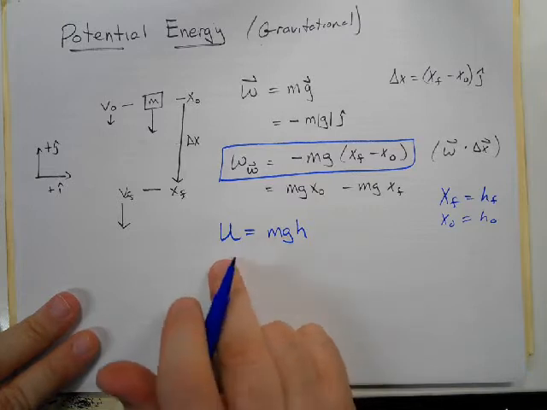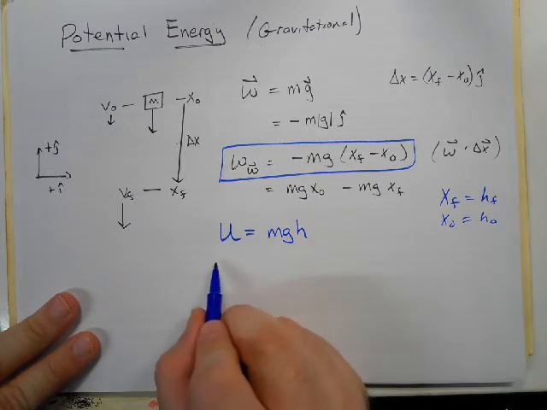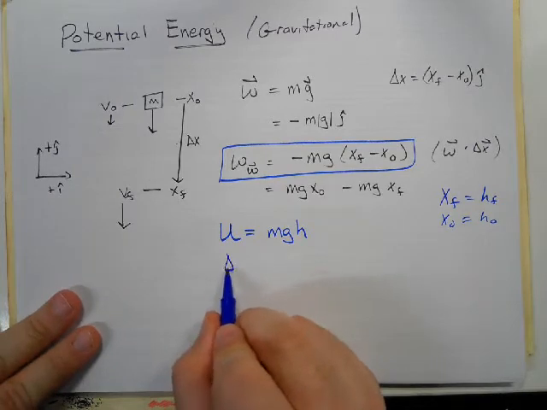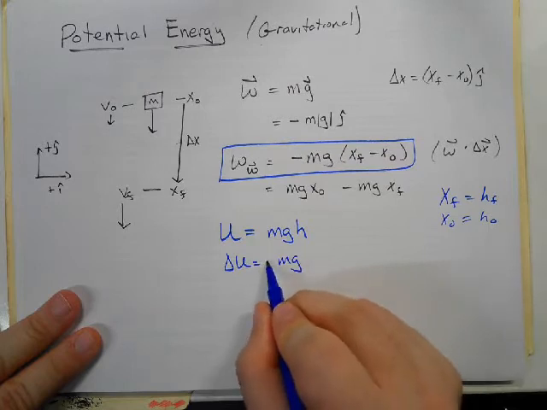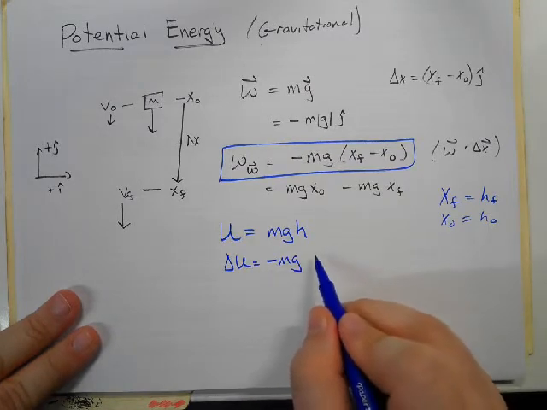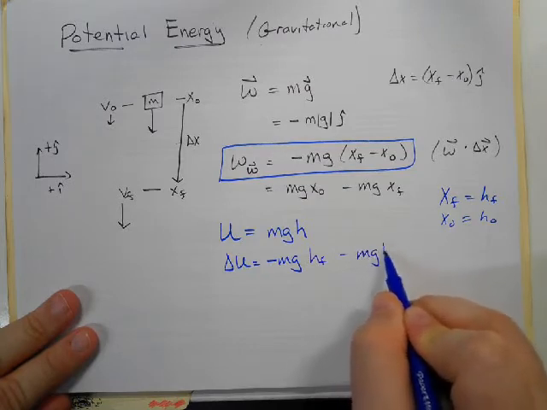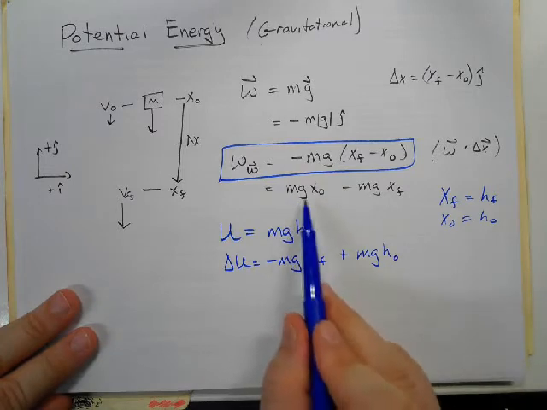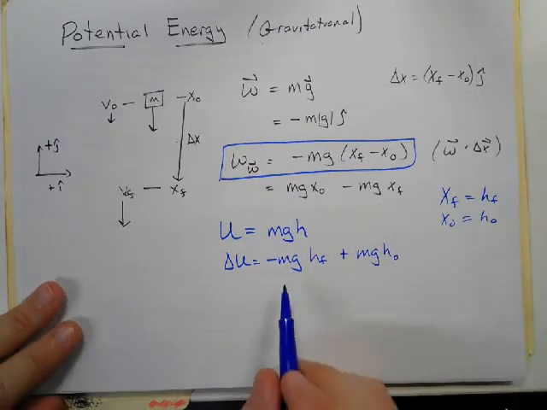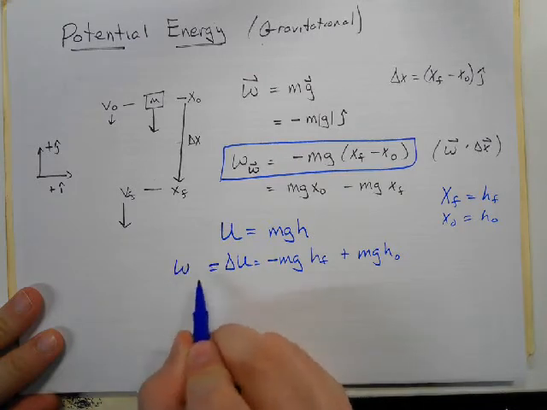So our change in potential energy is going to be, well, there's going to be a minus sign, mg h final minus mg h initial. All right, that's just saying this again. And this is the work.